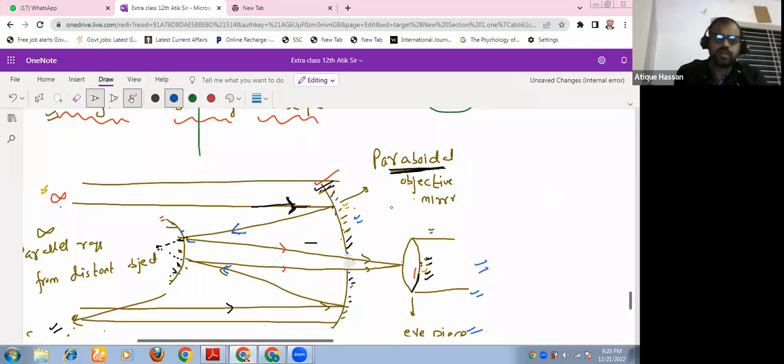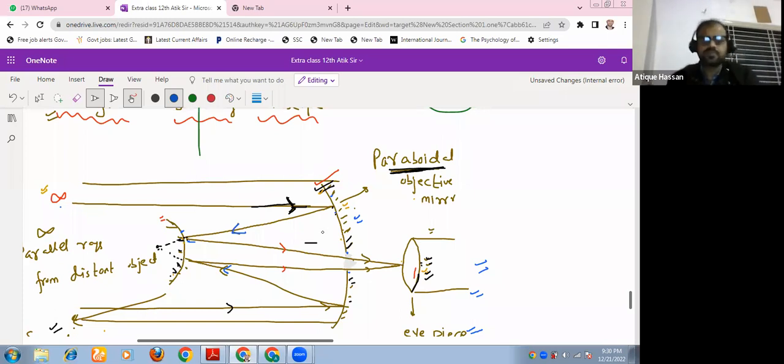So to avoid that, we are using the mirror. In the mirror, that problem is reduced. In the case of a mirror, we don't have the problem of converging different colored light at different points.